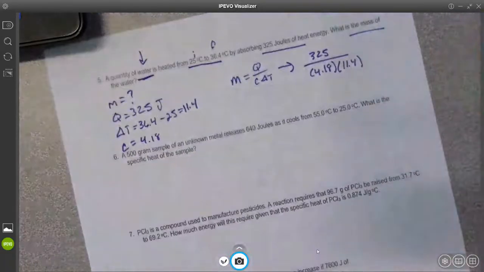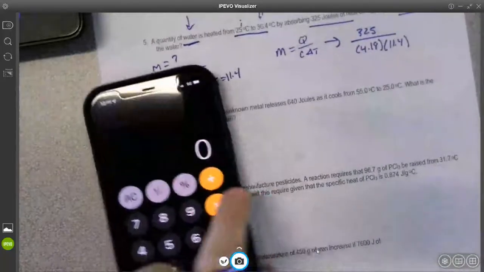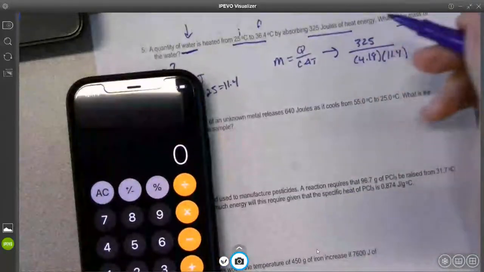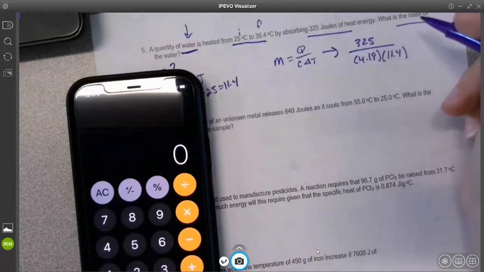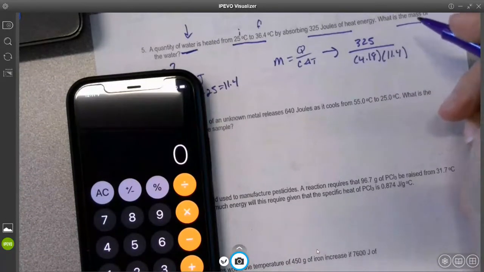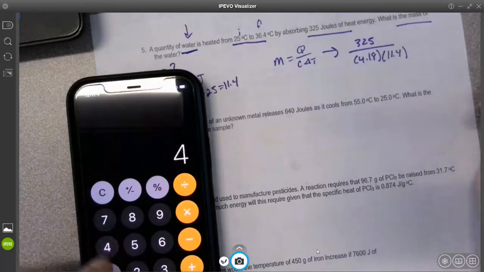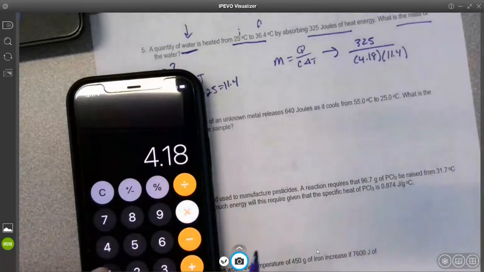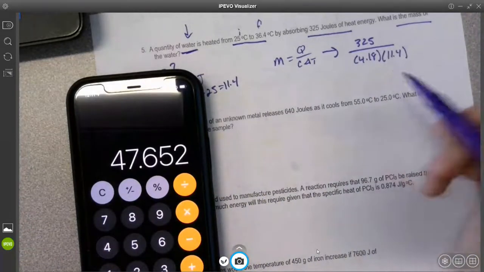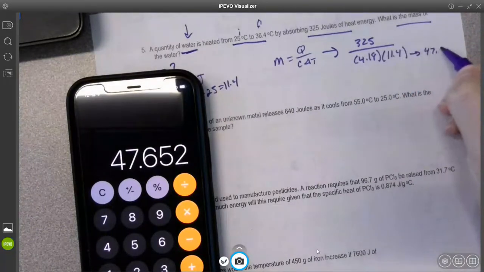All right, anytime you've worked on a phone calculator, it's always kind of hard to enter it exactly as you see it here. You've got to remember your order of operations: Please Excuse My Dear Aunt Sally. Multiplication comes first. So 4.18 times 11.4 is 47.652.